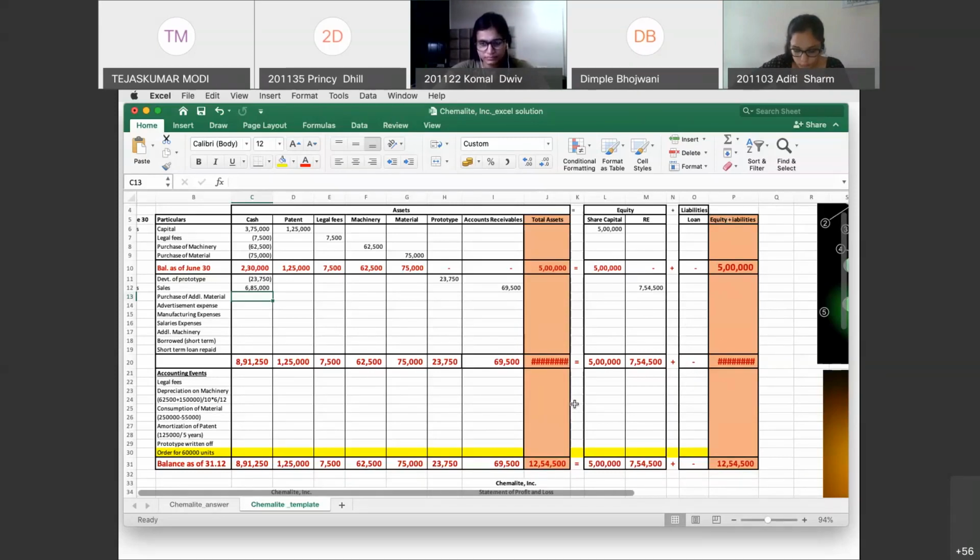Next transaction, please. Ritika Atal, please go on. Yes, sir. Additional chemicals and plastics were purchased for a total of $175,000. All of these purchases were made in cash. So cash will reduce by $175,000, and material will increase.